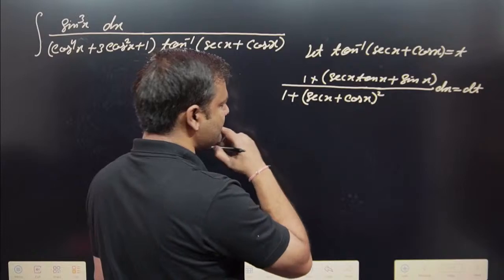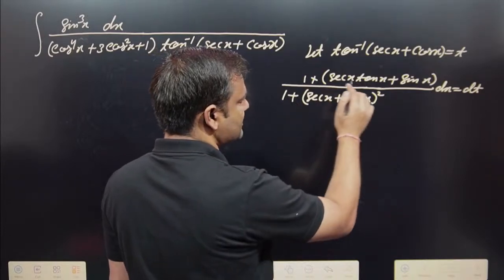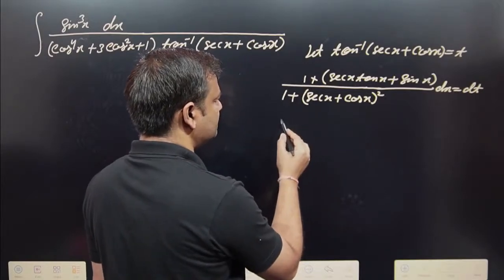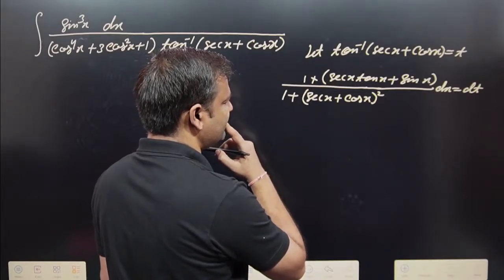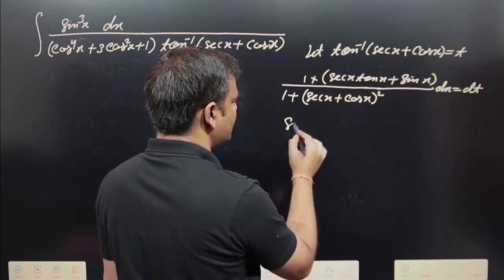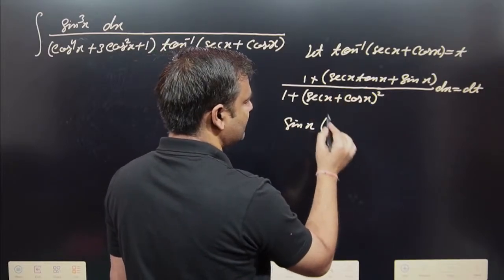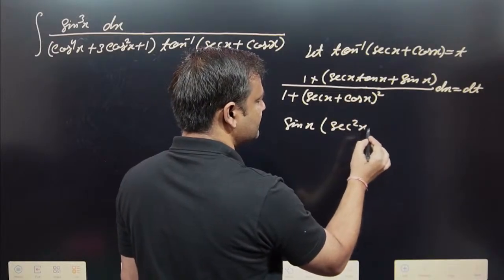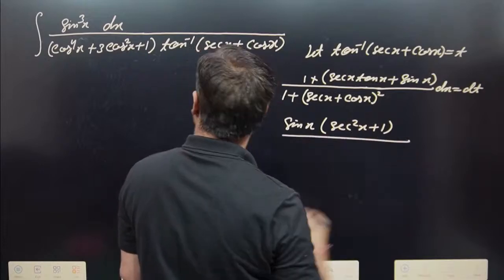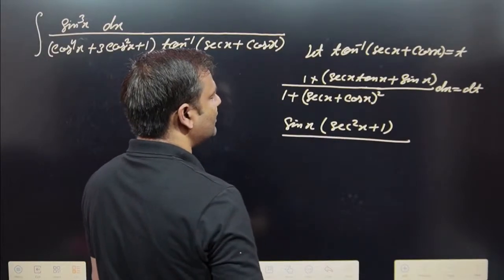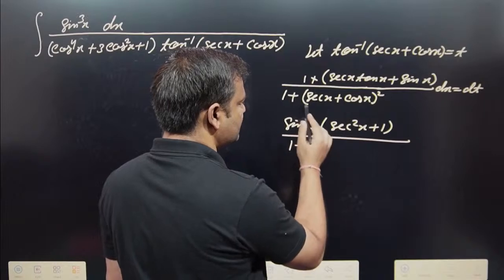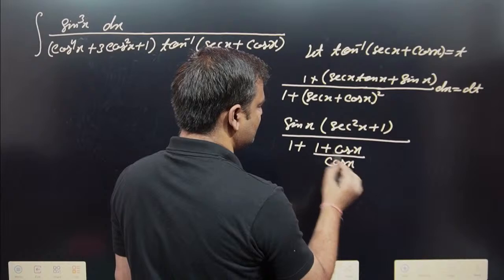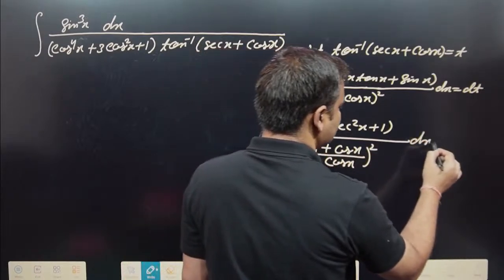After that, here tan x upon cos x, so if sin x is common here, then sec x into 1 by cos, so you can say sec square x plus 1 divided by 1 plus cos x divided by cos x to the whole square into dx. This is equal to dt.